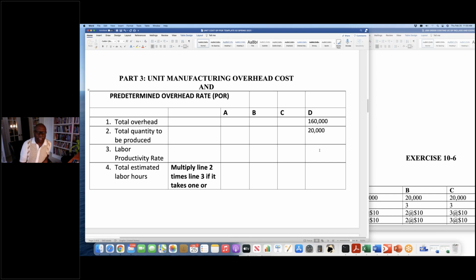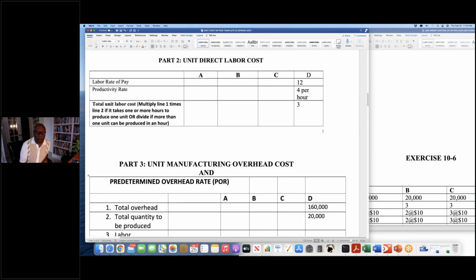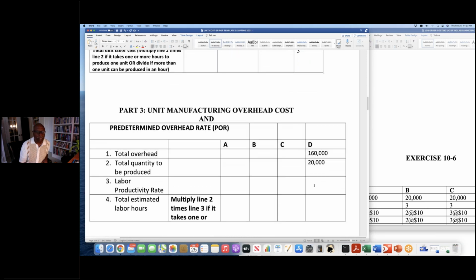And what is our labor productivity rate? It's $12. No, it's 4 per hour. Sorry. It's all right, that's why we're doing it. But you said the rate, right? Labor productivity. I did say rate.